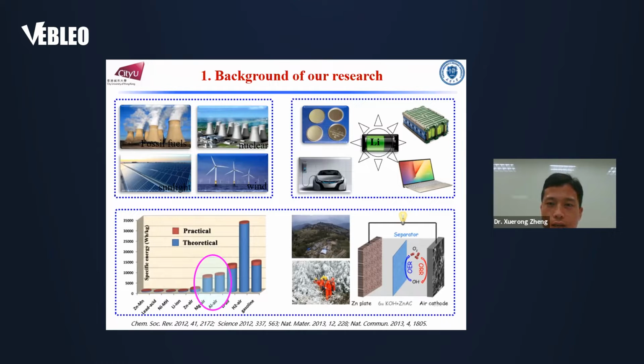But the lithium-ion batteries have their own disadvantages like the safety and the lower specific energy. Therefore, we also developed the metal air batteries that can be used in other special situations.